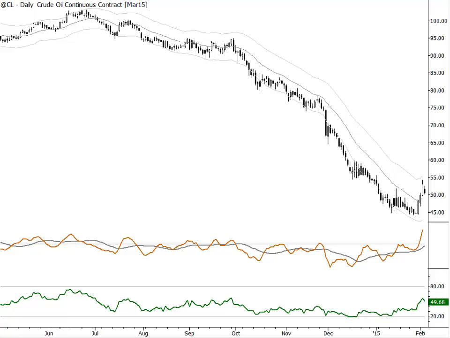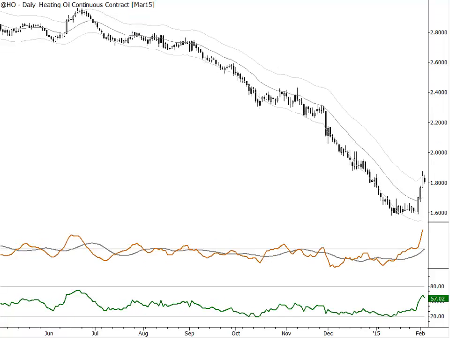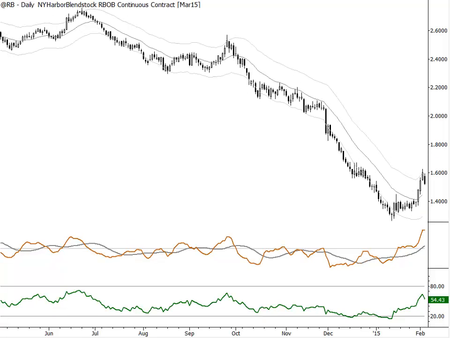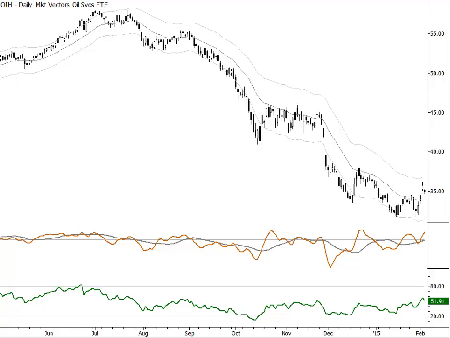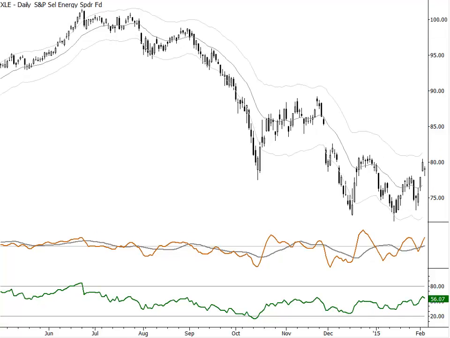Now, another thing you will see people do is spend a lot of time analyzing, say, heating oil or gasoline, or even looking at oil stocks. And this goes back to the idea of keeping this as simple as possible. If you look at related markets, just by virtue of noise you have more moving parts. In the case of OIH or XLE, there's certainly an influence of oil, but there's also some equities and some interest rate influence.